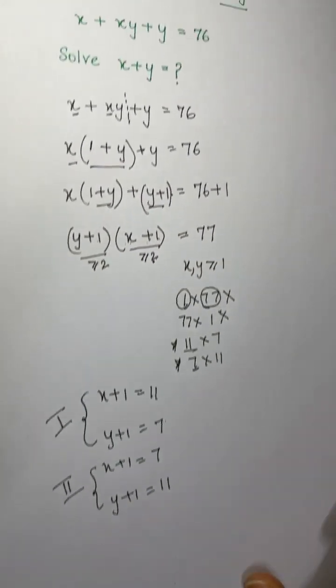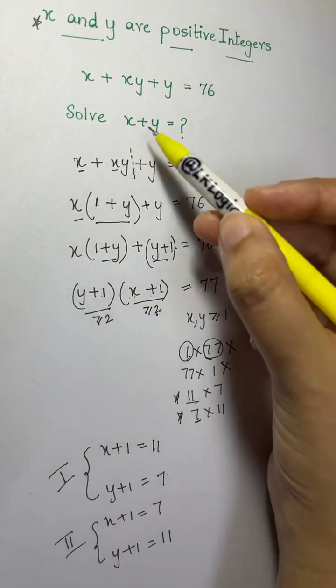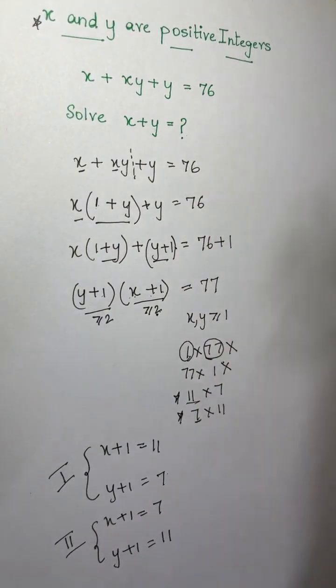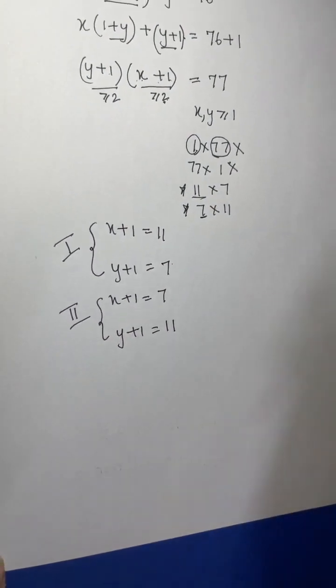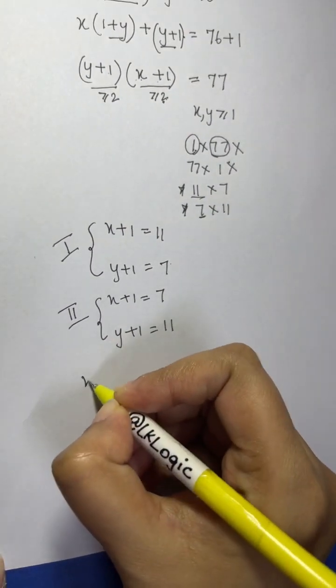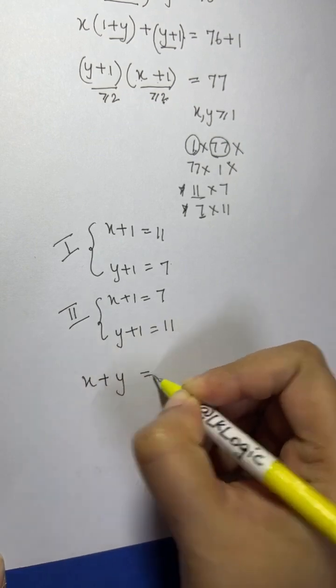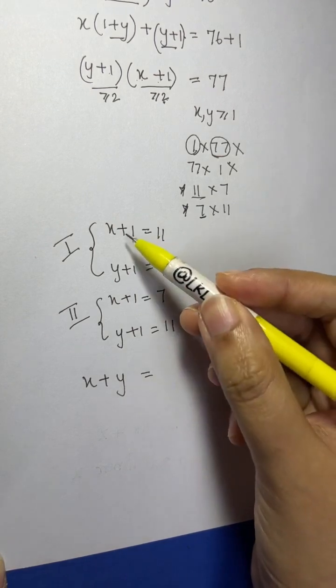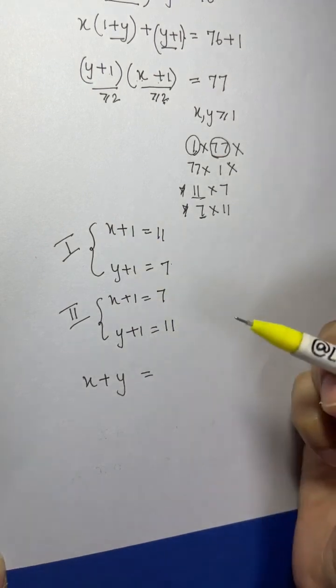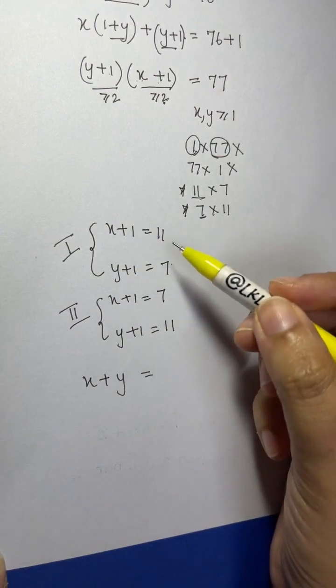Now we have to find x plus y. What is x plus y? So let's say x plus y, I'm going to write that down. x plus y is equal to, what is x plus y? Now you don't need to solve for the values of x and y. If you've solved, that's better.